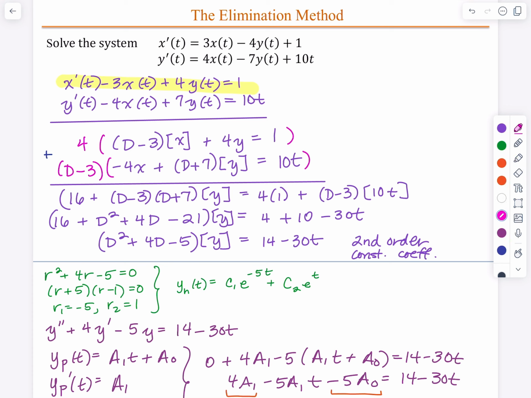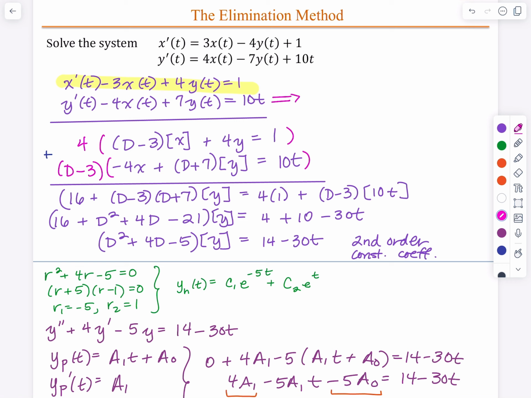So let's go ahead and try that. Actually, let's go ahead and solve the second equation. So we're going to solve the second equation for x of t.